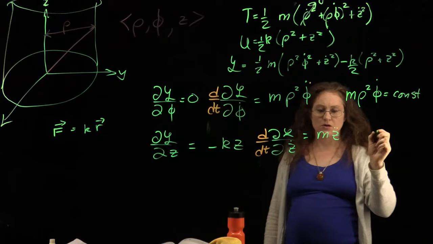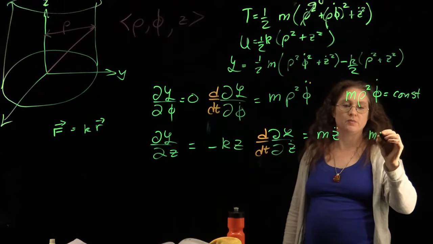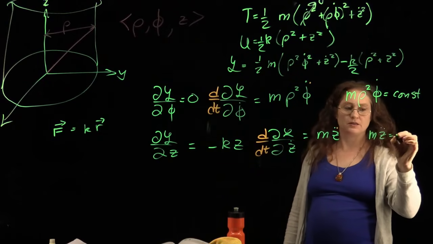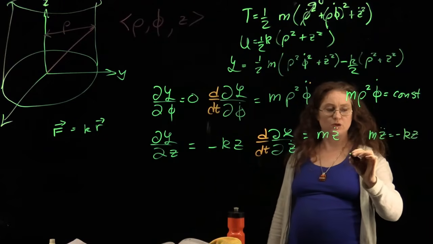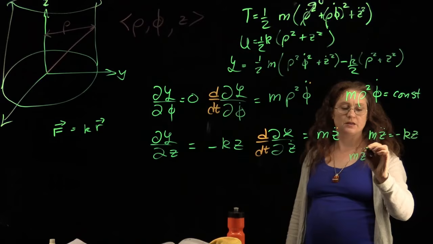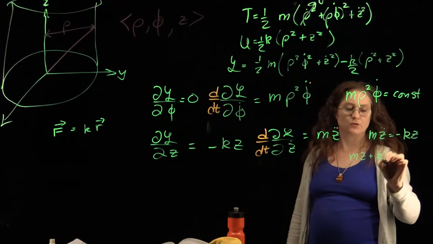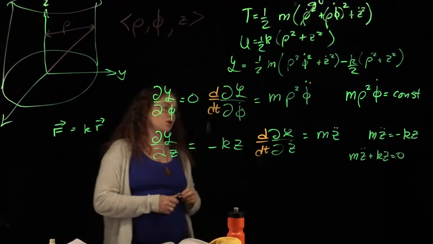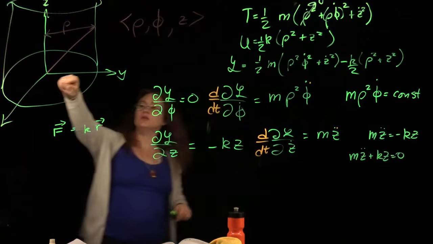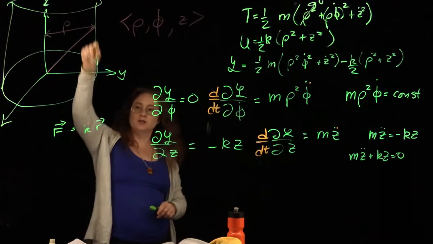And here we get m z double dot is equal to negative kz. And you will recognize this as having a solution which describes simple harmonic oscillations. So in the z direction, you get simple harmonic oscillations.